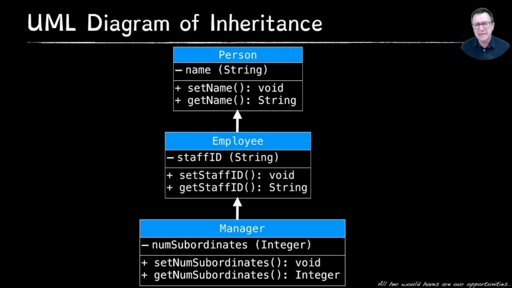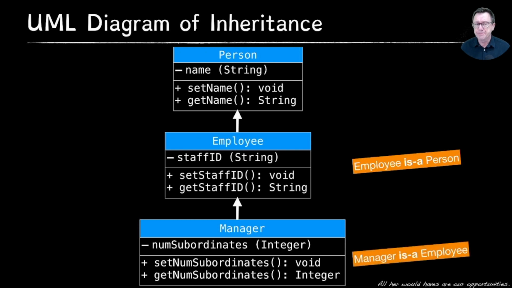Our employee is a person and our manager is an employee. So everything that is available in here becomes available within our employee class, and everything that is available in here becomes available within our manager class.